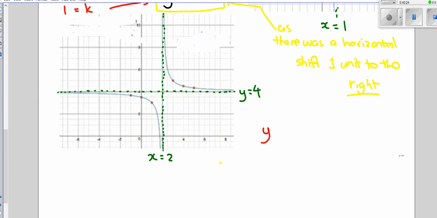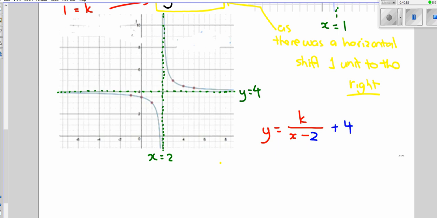So we've got k over, because there was some horizontal shift, and it was 2 units in the positive direction, so 2 units to the right, so it's x minus 2. Remember, vertical shift comes at the end and it matches the sign. So it's shifted 4 units upwards, so it's plus 4.